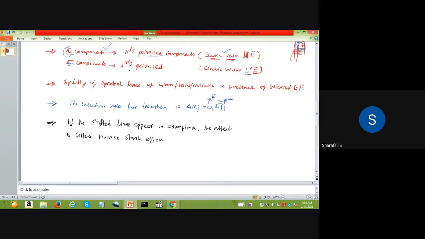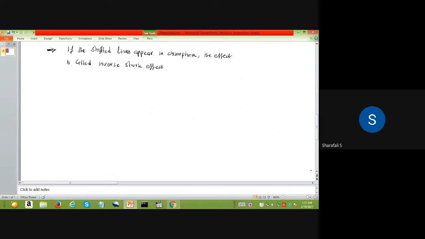Now, if you consider the hydrogen line, its important features of the Stark effect.